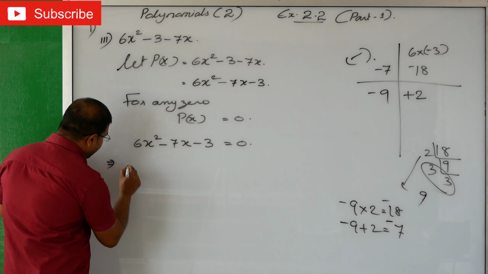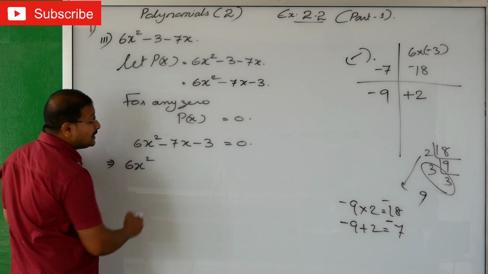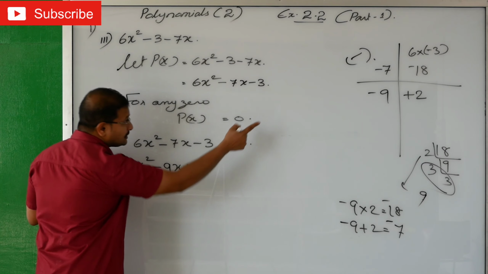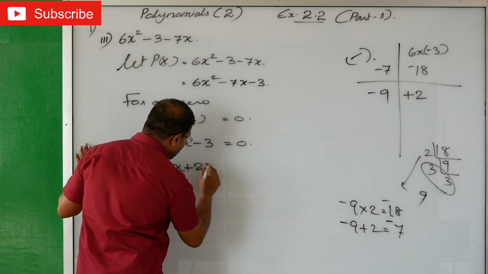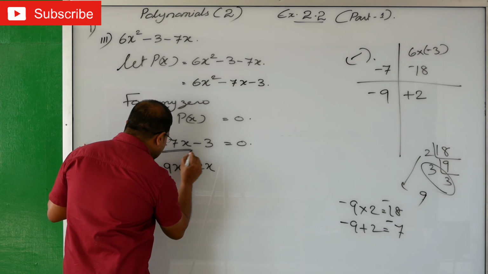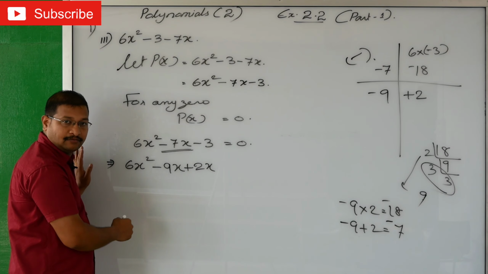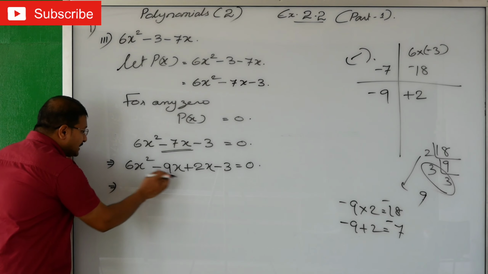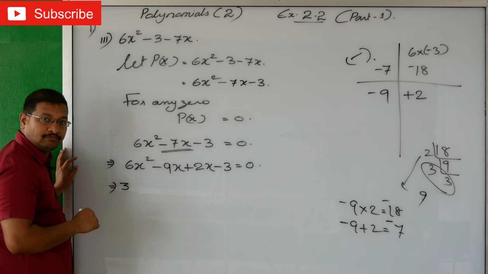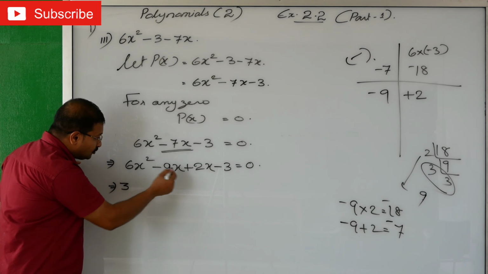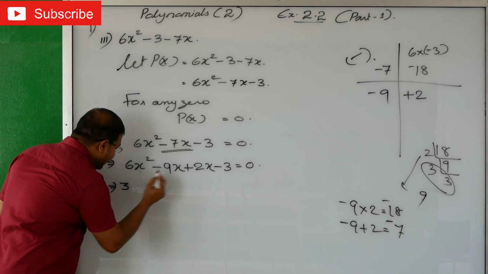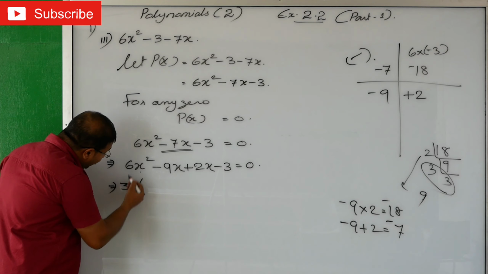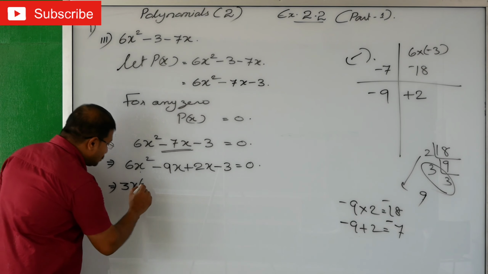This implies we'll write 6x square minus 9x plus 2x, because we are breaking minus 7x, that means the middle term breaking. Ready? Balance is minus 3 equal to 0. See, from 6 and 9 we can take 3 common, because 3 2s are 6, 3 3s are 9. From x square and x we will take x common. Now 3 into how much will you get 6? 3 2s are 6, that means 2.